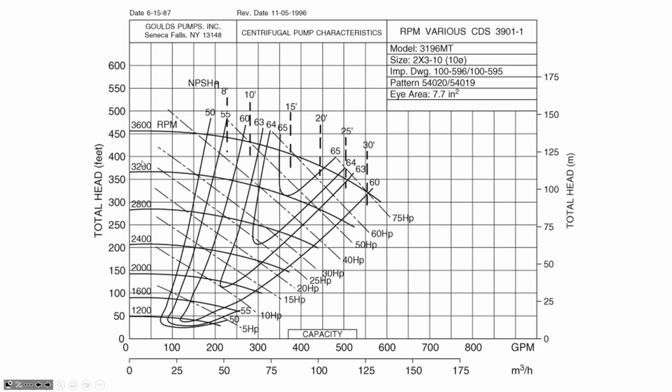The other thing, though, is that the same pump is going to perform differently depending on its rotational rate. You'll notice here is 3,600 RPM, here's 3,200 RPM, 2,800 RPM. So you could match a given pump with a motor that has a rotational rate of 2,800 RPM, and paired together, it would generate about 280 feet of cutoff head.